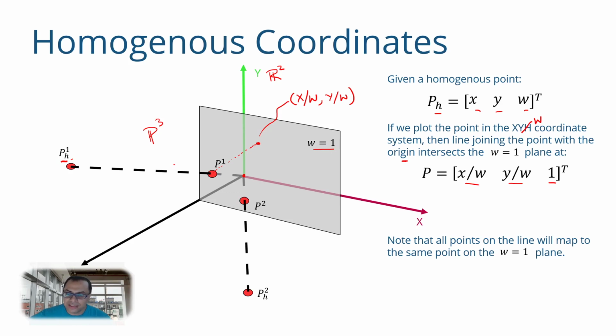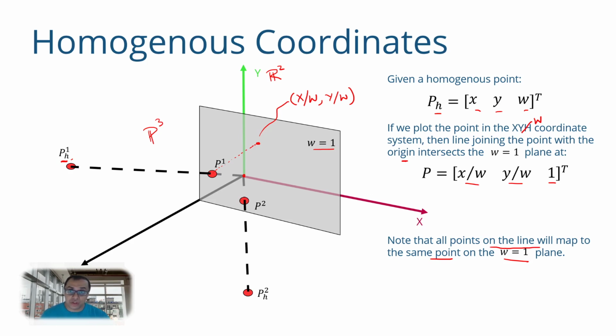Okay, so that is why you have multiple points that map to the same point when we go from homogeneous coordinates to Euclidean coordinates. As it says here, all points on the line will map to the same point on the W equals 1 plane, and consequently to the same point on the Euclidean R2 plane.